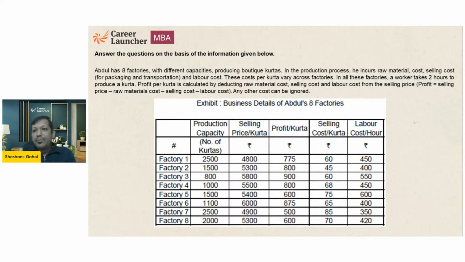So basically the formula for profit is given to us. That is: profit is equal to selling price minus raw material minus selling cost minus labor cost. The selling cost, the question itself is defining, that is packaging and transportation.